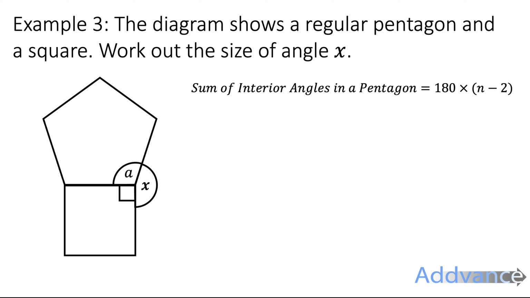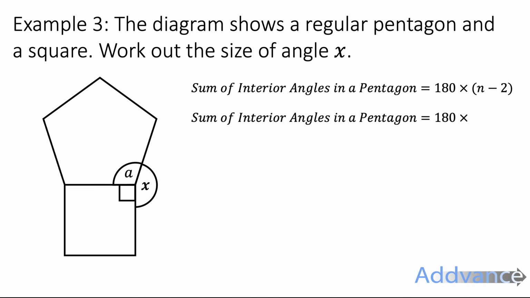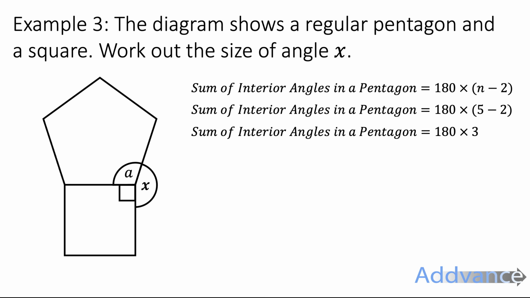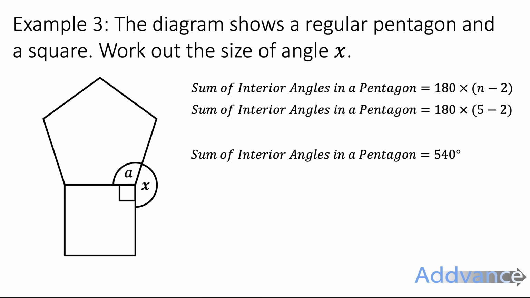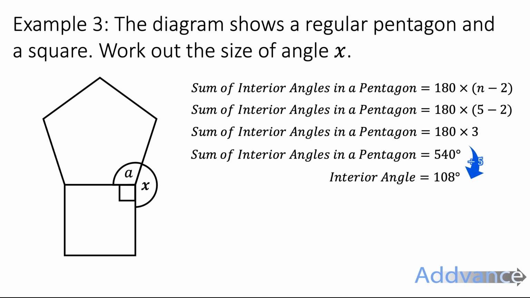We already know that the interior angles inside the pentagon add to 180 times (n minus 2), where n is 5 because pentagons have 5 sides. 5 minus 2 is 3, so 180 times 3 is 540. We'll divide by 5 and we get each interior angle is 540 divided by 5, which is 108 degrees.